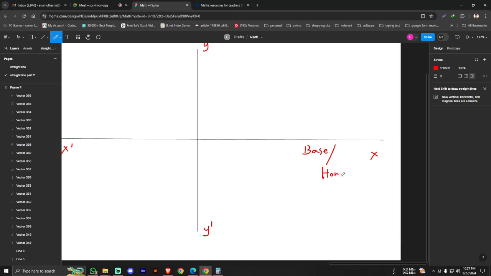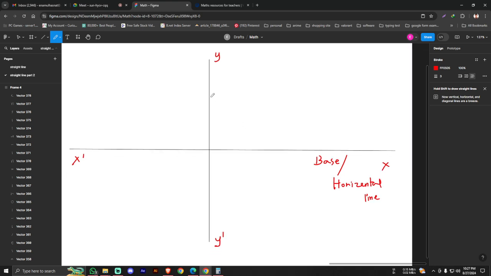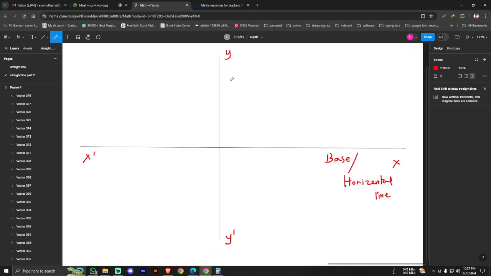And the y axis is always represented as the height, or the vertical line.